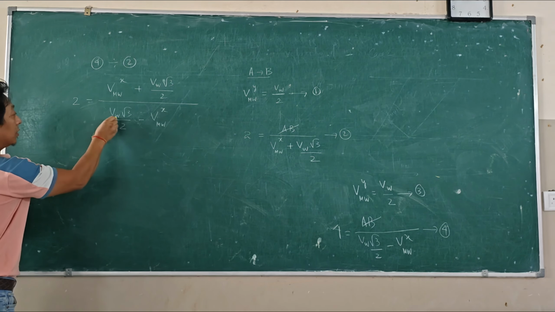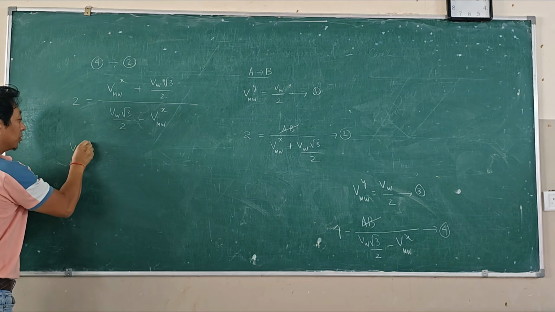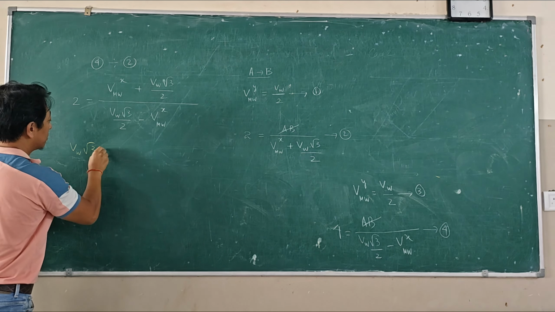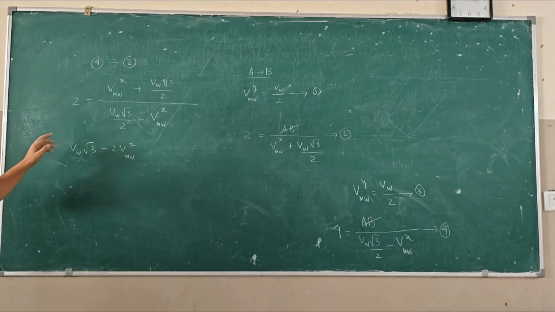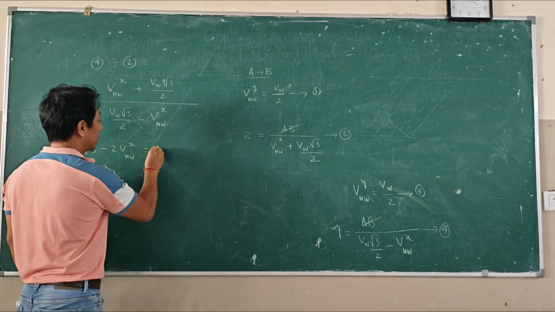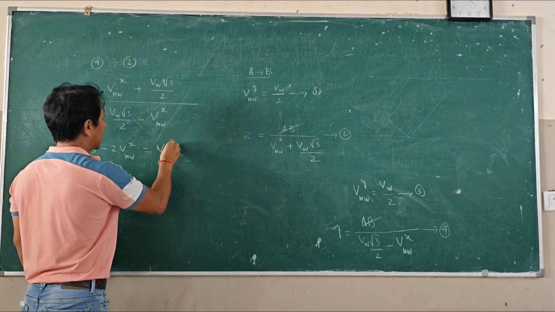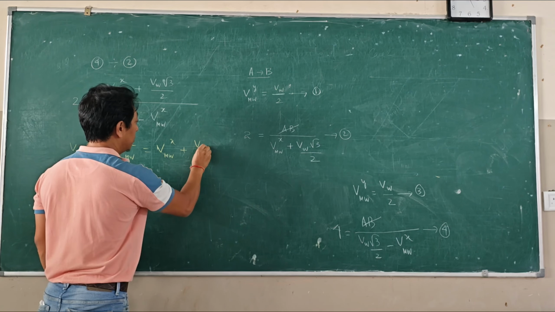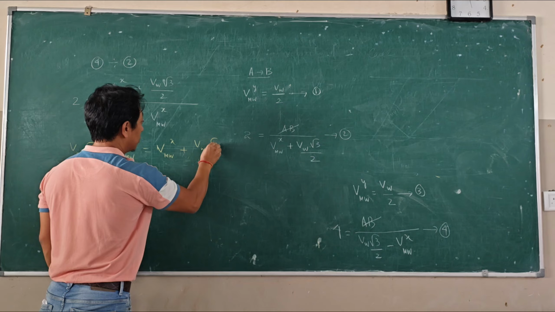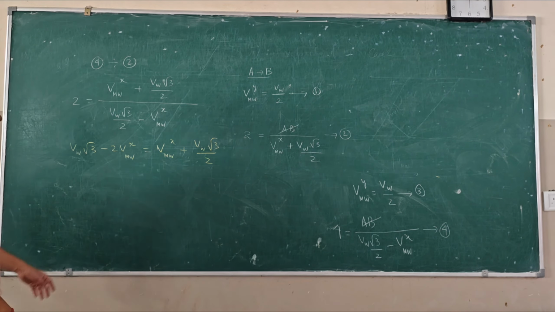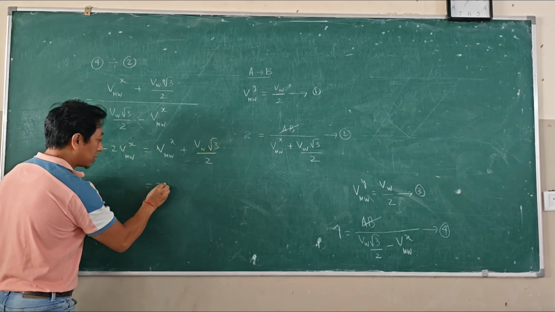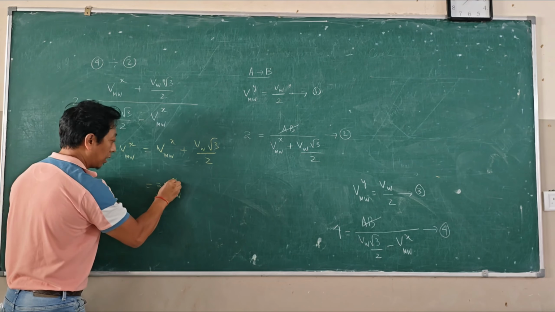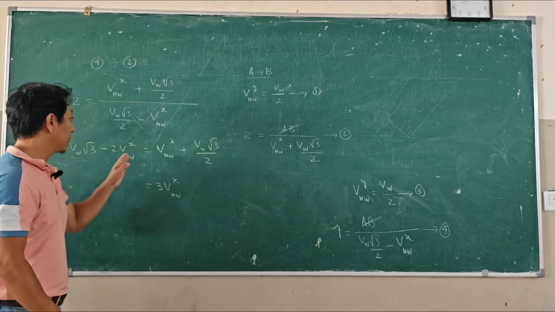Cross multiply: 2 into this, VW root 3, minus 2 VMW x component. That side, VMW x plus VW root 3 by 2. Take minus 2 VMW x that side, it will become 3 VMW x. Bring this one this side.